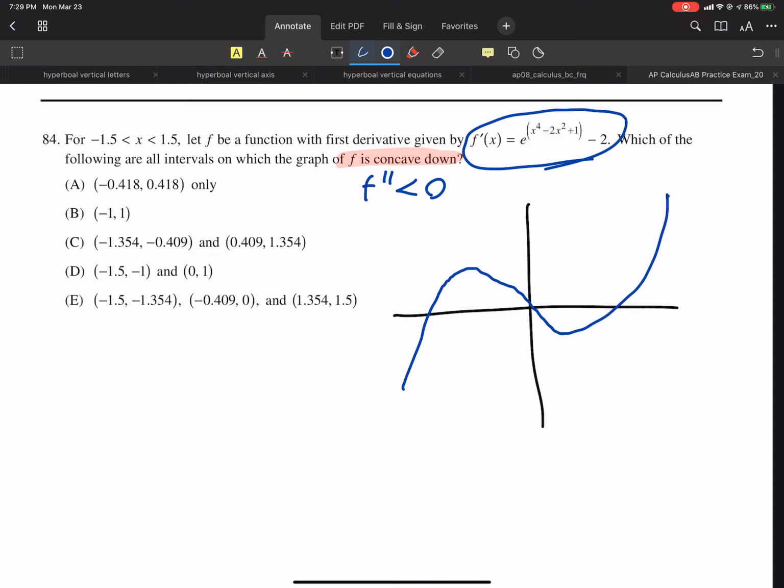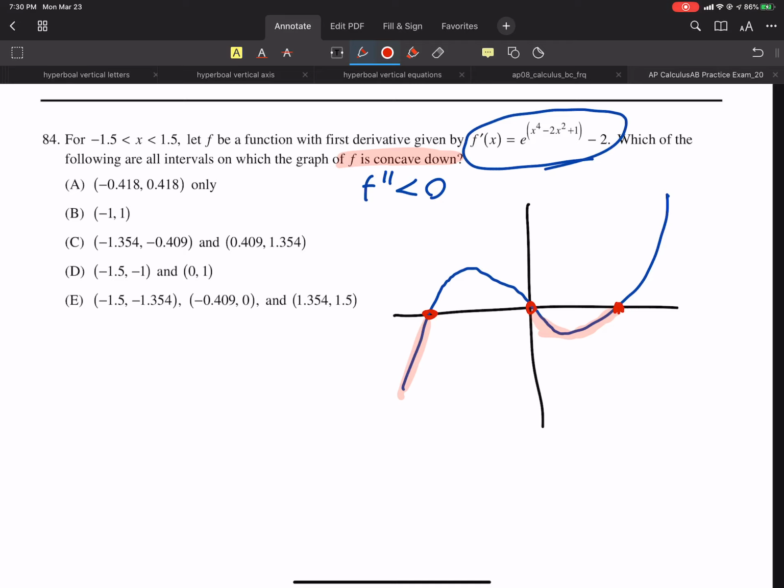So when is the second derivative negative? Right here and right there. So I need to find that point, and that point. And it's going to be the highlighted pink regions. Now, look at my graph.